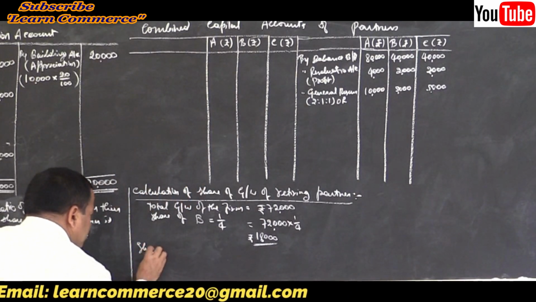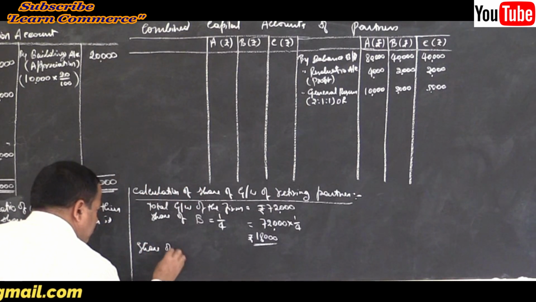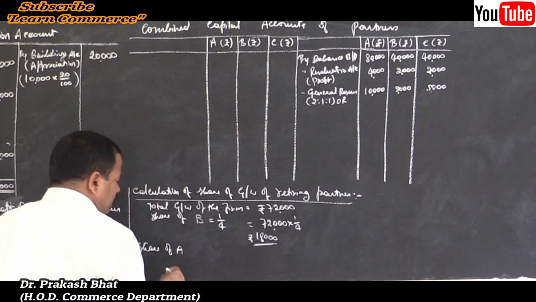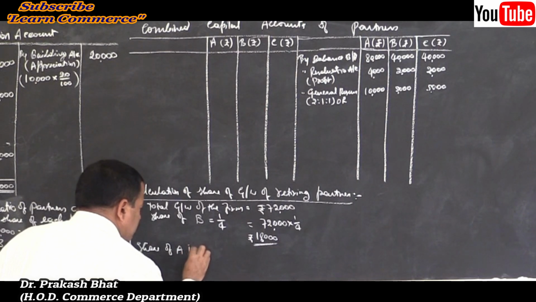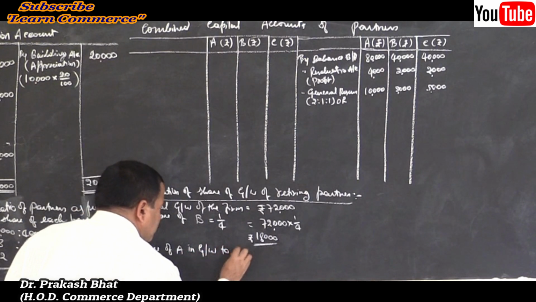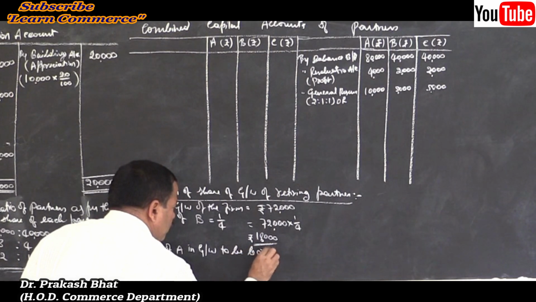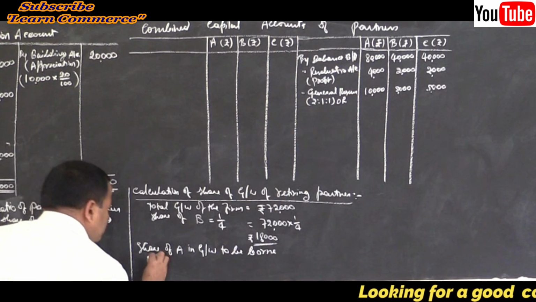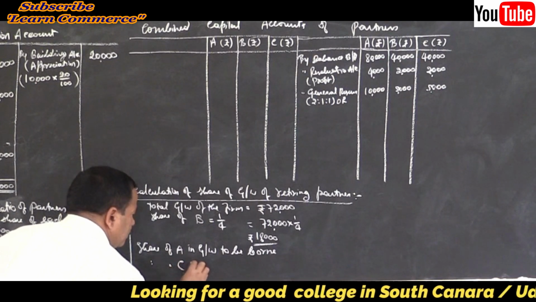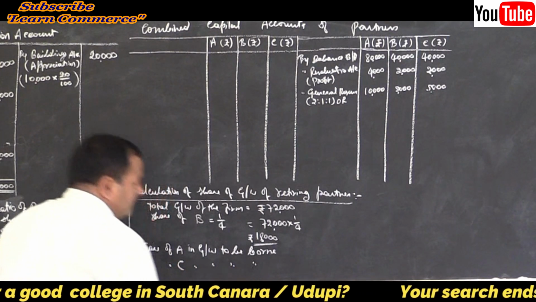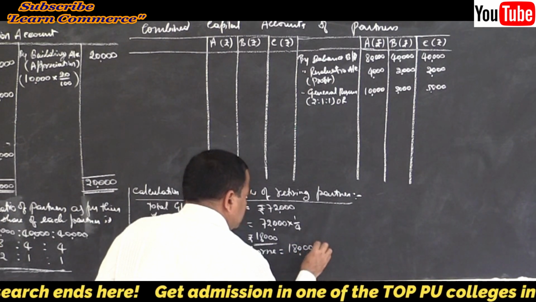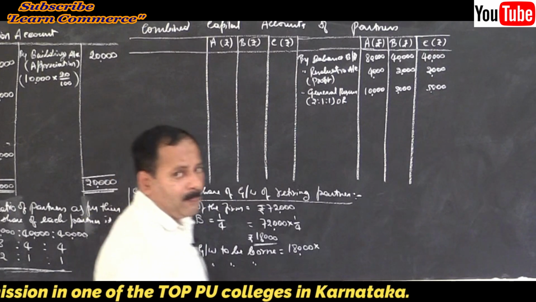Share of Amit in goodwill to be borne, B-O-R-N-E, and share of Chandru in goodwill to be borne, is equal to 18,000 into which ratio?